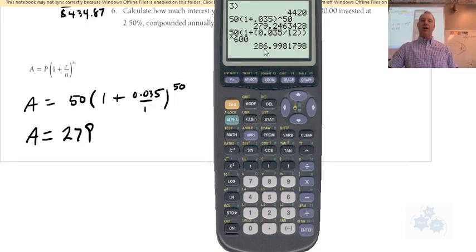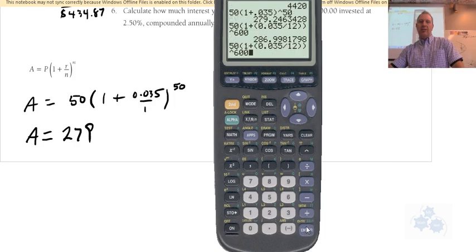Do you see how this money actually goes up if it's compounded more often? It's the same amount, it's the same percent, but it's compounded more often. What if it's compounded every day? Let's figure that out. I'm glad someone said that. Instead of divided by 12, let's divide it by 365.